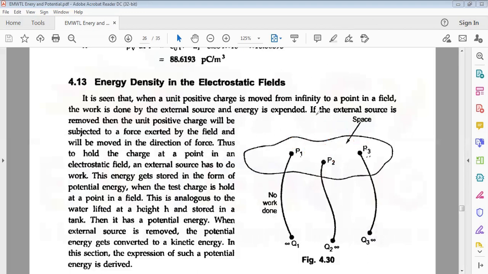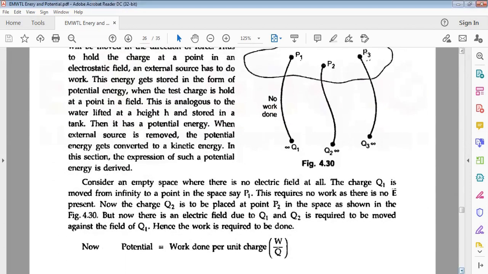So same here. If the external source is removed, then the unit positive charge will be subjected to a force exerted by the field and will move in the direction of the force. Consider an empty space where there is no electric field at all.